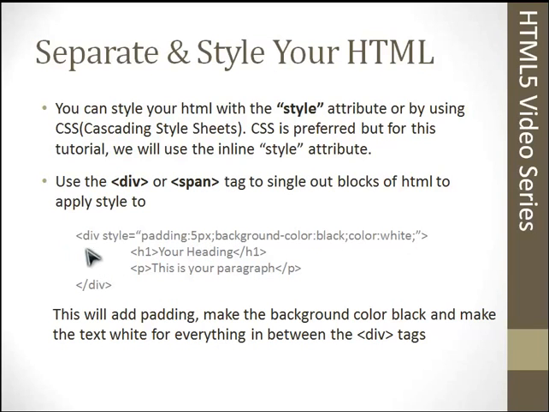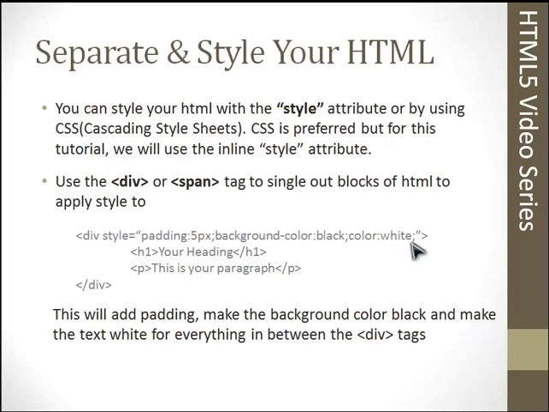We're using the div tag and we're using the style attribute, and then we have the selectors and the values. So we have padding, which is 5 pixels. First of all, what we have here is an H1 heading and a paragraph. Very simple. And it's wrapped in the div tag with padding of 5 pixels, a background color of black, and color of white.